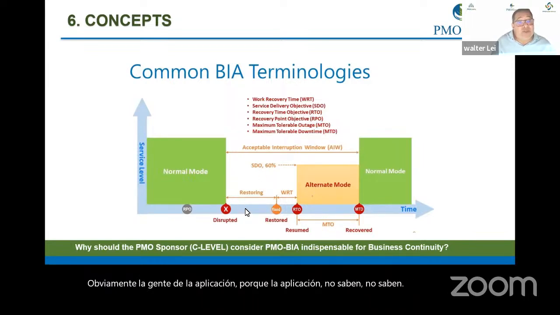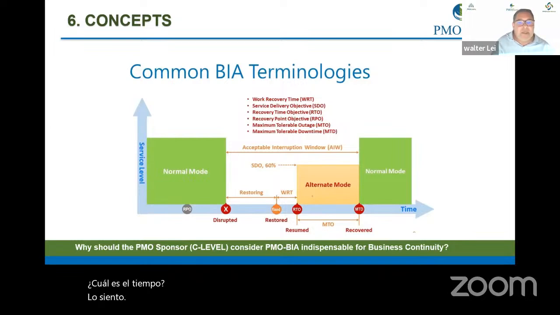The restoring mode, where is the RTO, what is the maximum time to down, where is the interruption, the alternate mode, or the acceptable interruption window. They don't know that. The application people, they don't care about that.